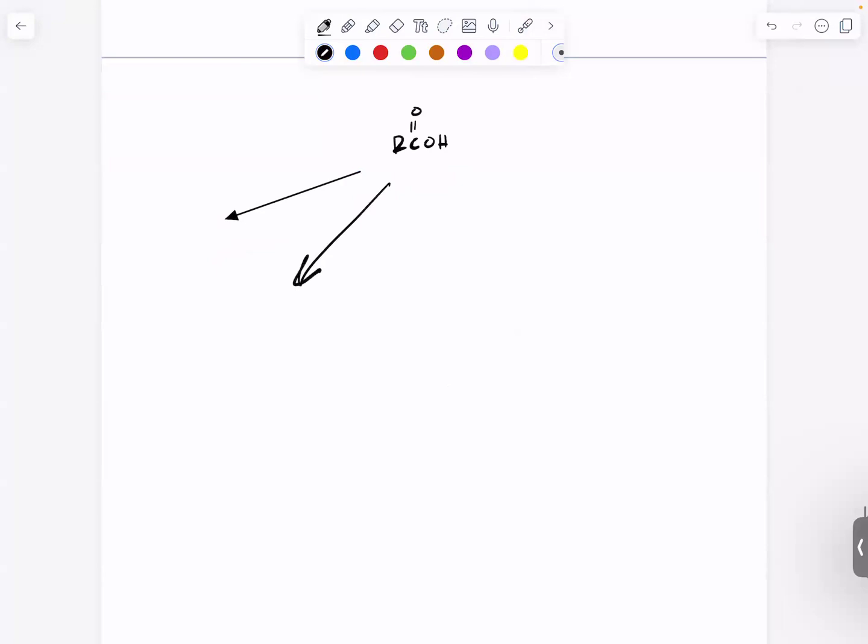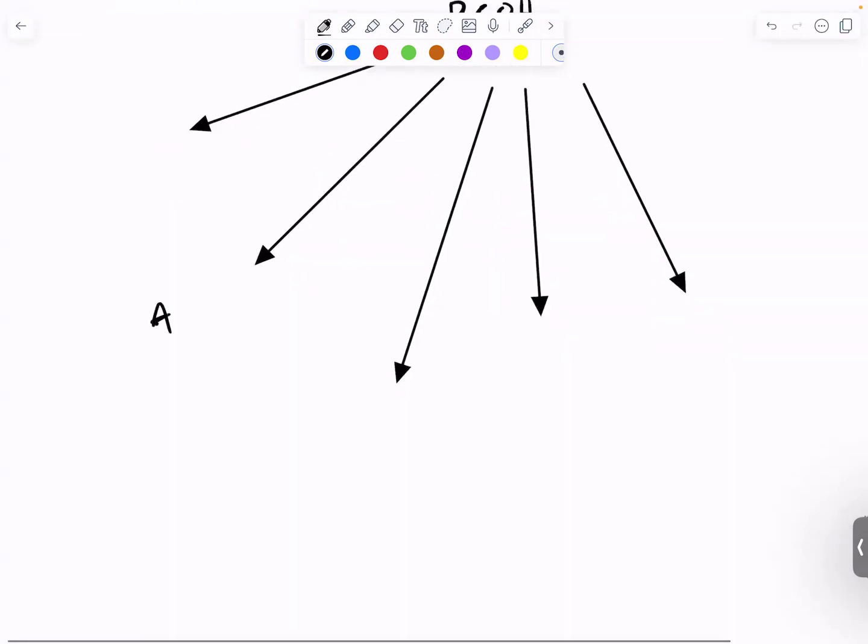Okay. So now I like to do a little flow chart. So let's say we have our carboxylic acid. We've finally learned how to make all the different types of carboxylic acids, and now we're moving up in the world and we're using our carboxylic acid and making a bunch of cool new things. And so some of the cool new things that you can make are called alkanoyl halides.